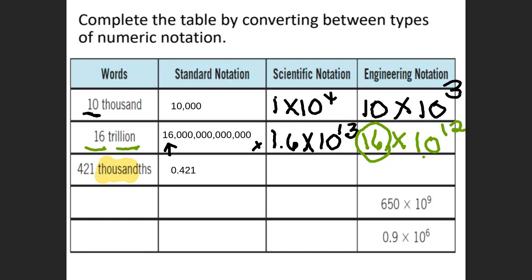Now, scientific notation is written as 4.21 times 10, and I have a negative power.